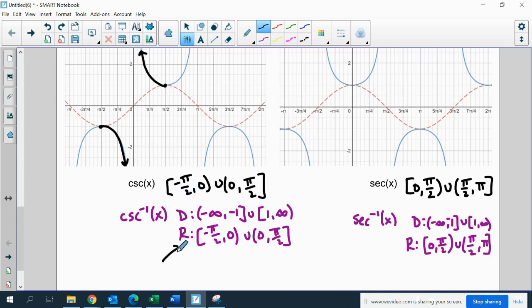That becomes the range of the cosecant inverse function. And the domain is negative infinity to negative 1 and 1 to infinity. Likewise for secant, we have the same situation, because we want to make sure that we hit all values in the range of secant as we go to our domain for secant inverse.